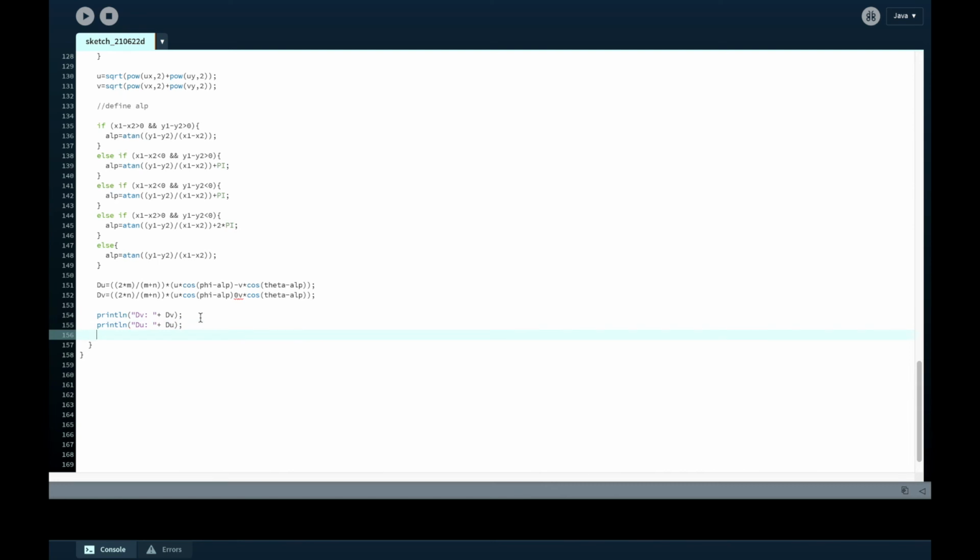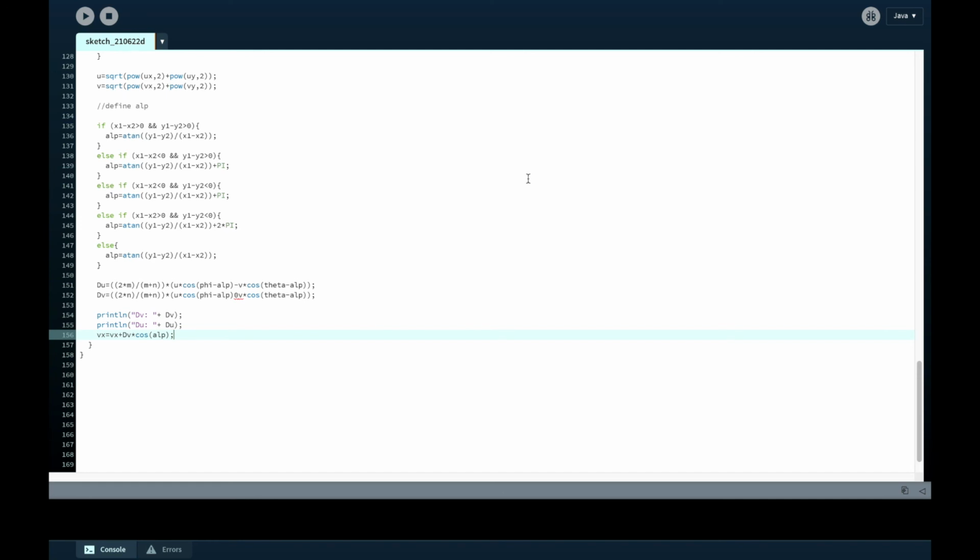And then I want my new vx to be vx plus dv times cosine of alpha, because in the diagram of my previous video, you could see that the changes are going to be in the opposite direction.